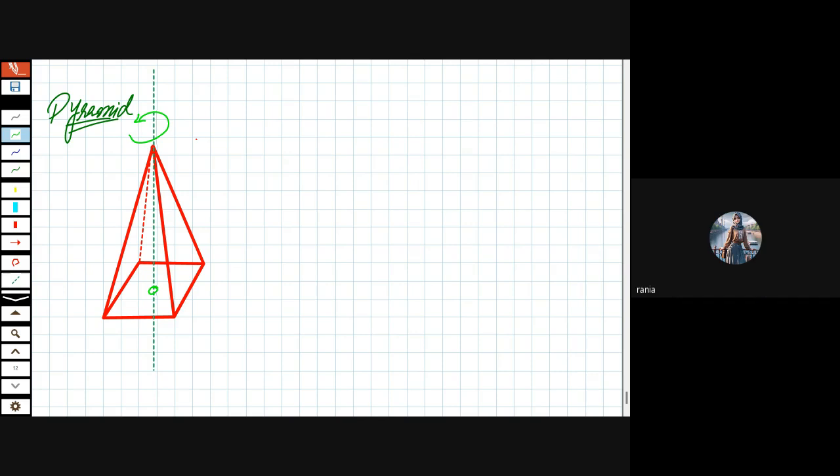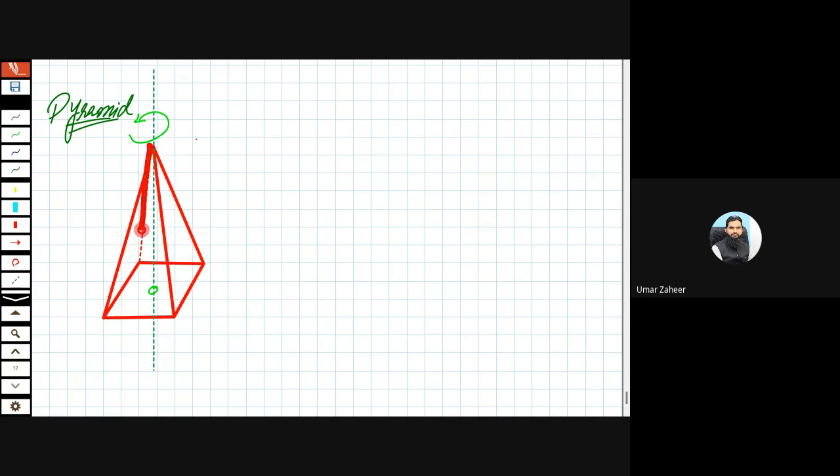Zero or one? Obviously, when you rotate, how many times are you going to see it again? Look here. This is the front face. When you rotate it, it will become here, and you get the same shape.